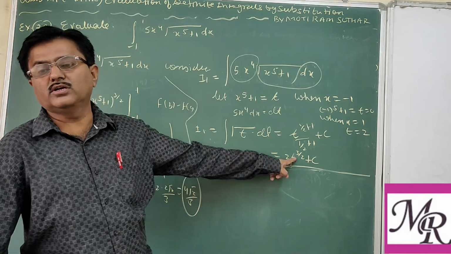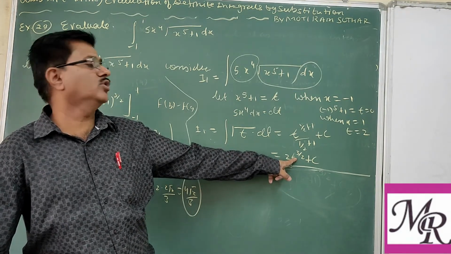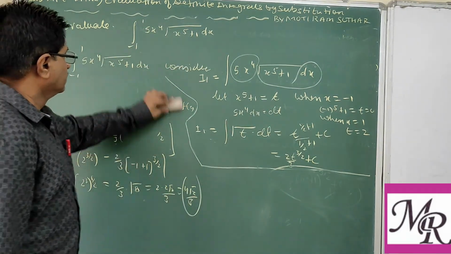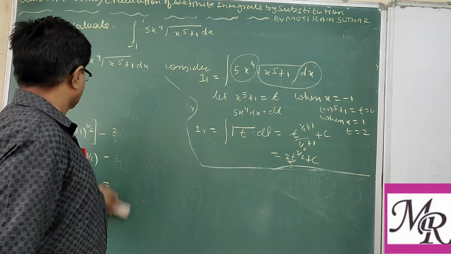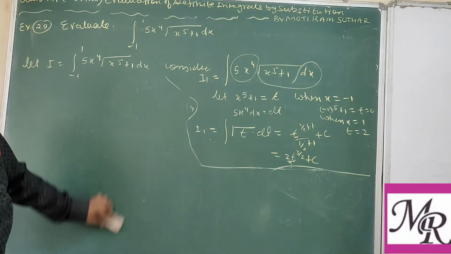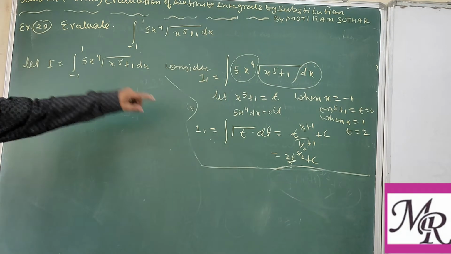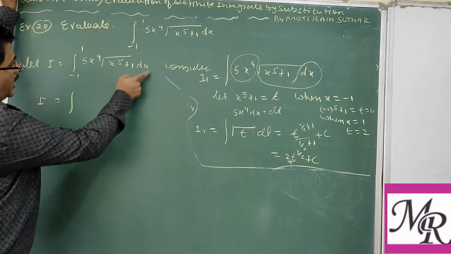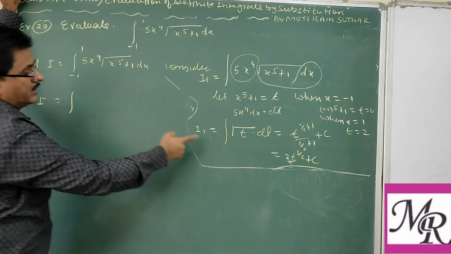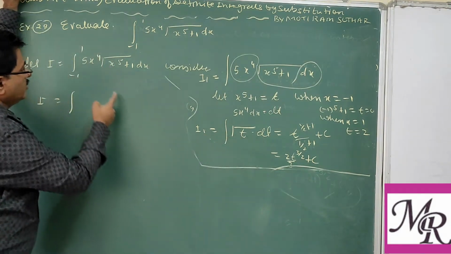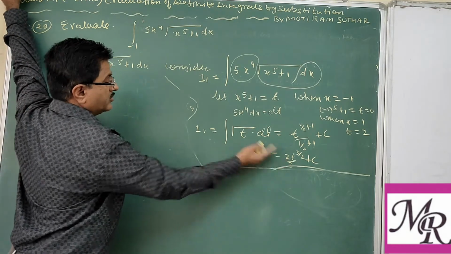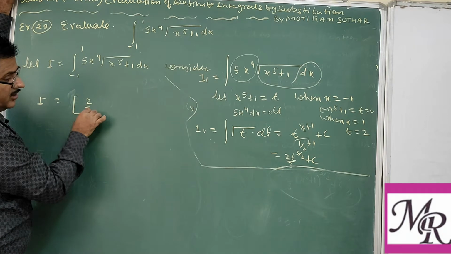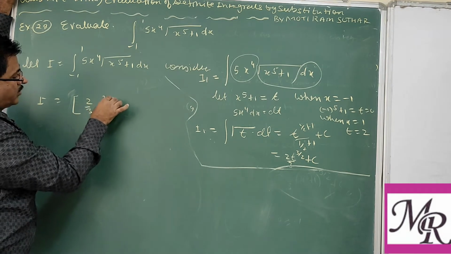Now there is no need to resubstitute because we get the new limit. So this will be converted into I equal to integral of root t dt, or you may directly write this without integration as 2 by 3 t power 3 by 2.